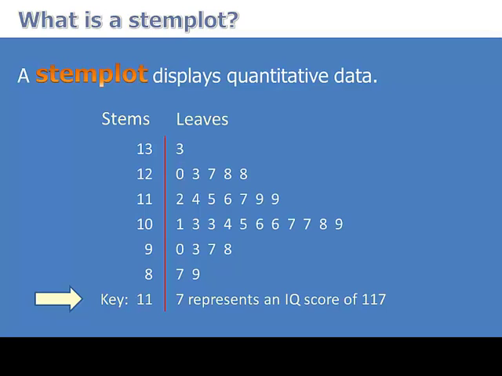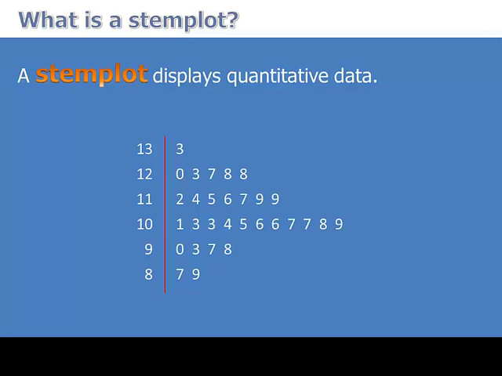In practice, stems and leaves are usually not labeled explicitly, so the final stemplot might look like this. And often, stemplots do not include a key, so a really bare-bones stemplot could even look like this. Even without a key, you should be able to figure out the value of each leaf.